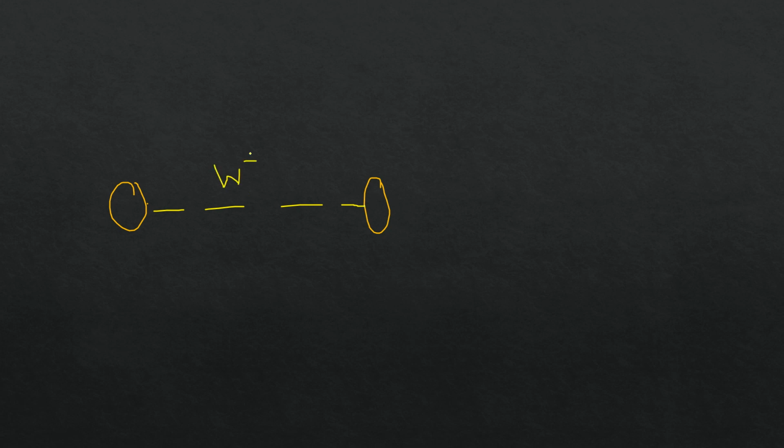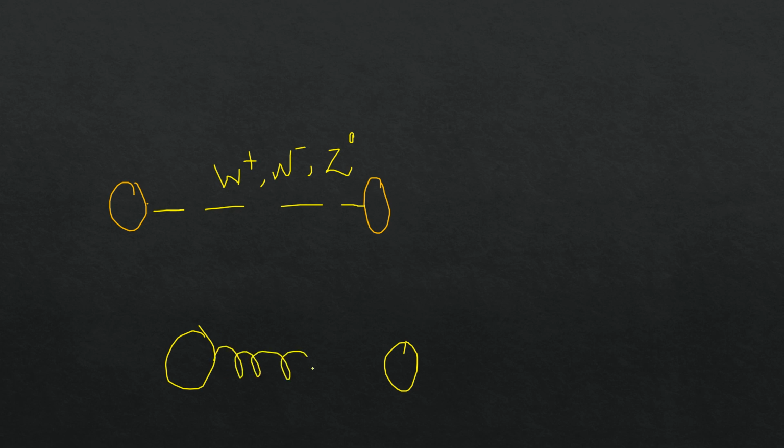It can be W plus or W minus or Z boson. Right. So this is your weak nuclear force, and strong nuclear force will be mediated by gluons. It is represented like this. These are called Feynman diagrams. So we'll study them later. Gluons, right? So these are the interactions, and they are mediators, right?